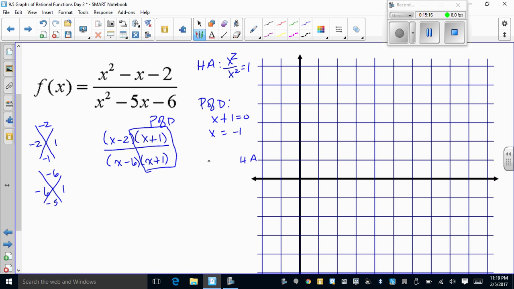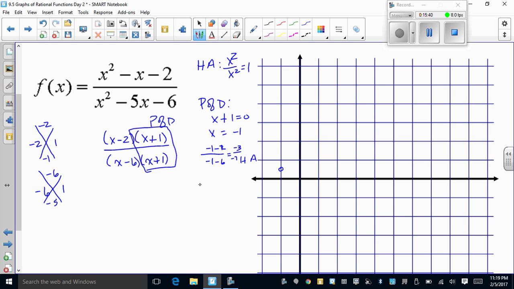Now if I put negative 1 in, I would get negative 1 minus 2 over negative 1 minus 6, which gives me negative 3 over negative 7, or positive 3/7. So right about there.